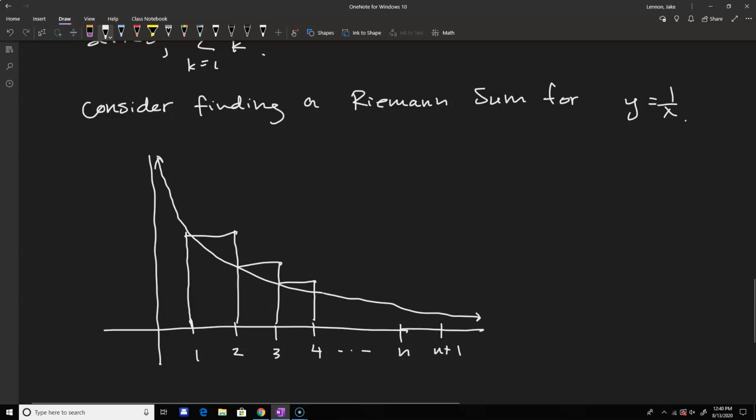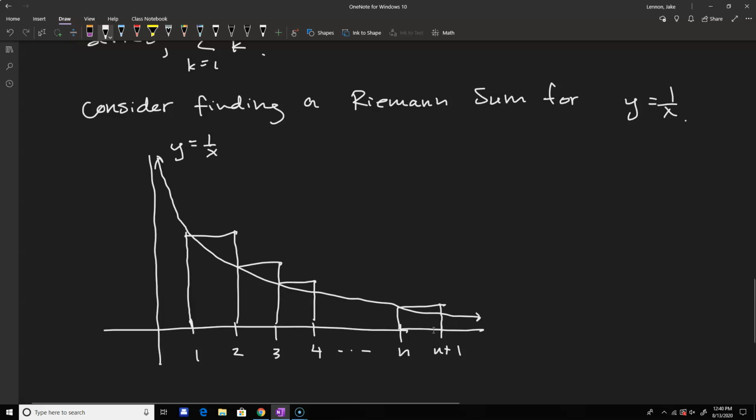So in fact, these Riemann sums are a bunch of rectangles, each with width 1. If this is the curve y equals 1 over x, this first one is going to be 1, right? You have 1 times a width of 1. Then your second box would have height 1 over 2 times your width of 1. And then you would have 1 over 3, plugging in 3, 1 over 4, and so on.